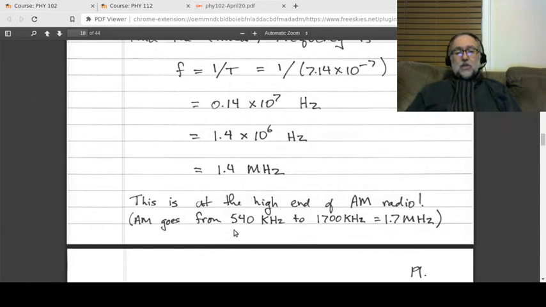So the AM range is like from 540 kilohertz to 1700 kilohertz, but 1700 kilohertz, that's like 1.7 megahertz, and so 1.4 megahertz, it's right in there. Okay, so there you go. There's the cyclotron frequency for electrons in solar wind being captured by the Earth's magnetic field.